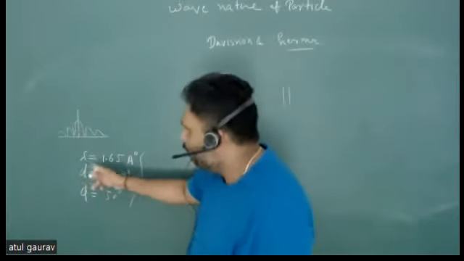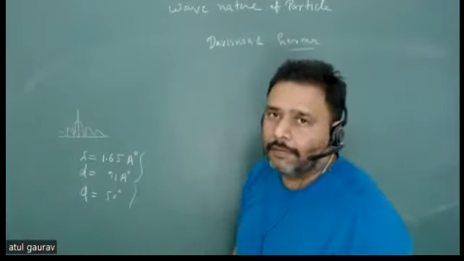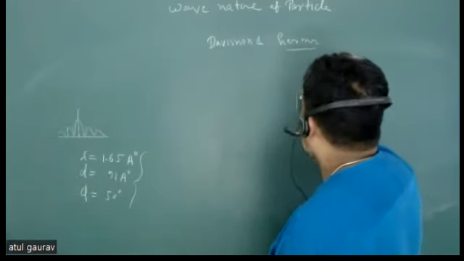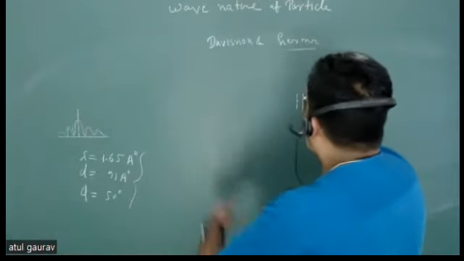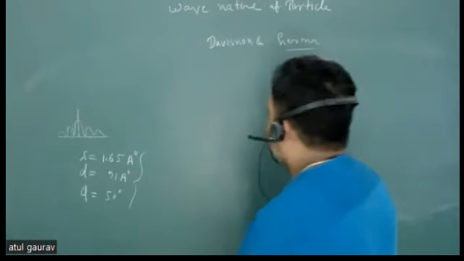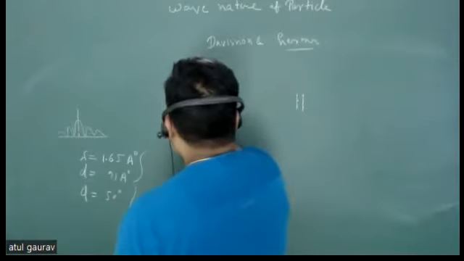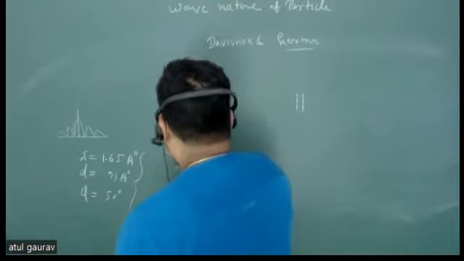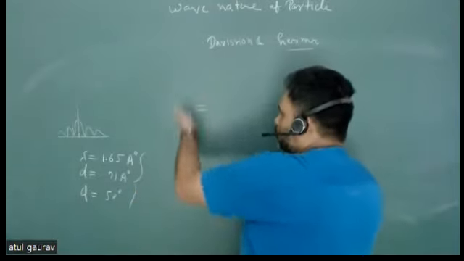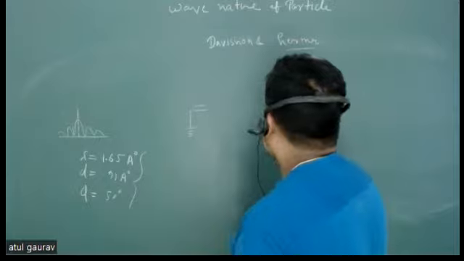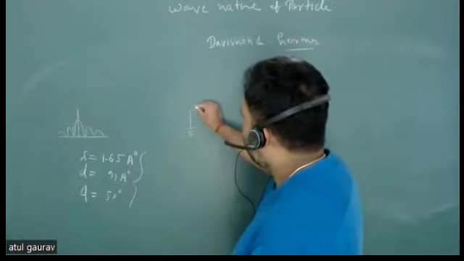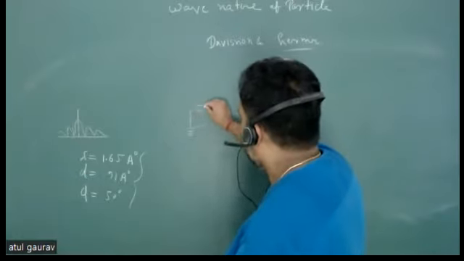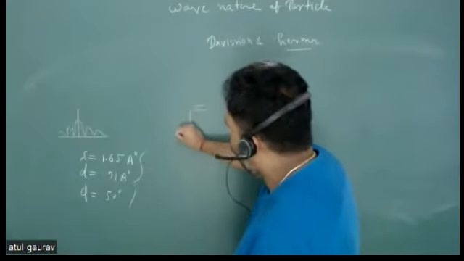So we know what is the value of d, isn't it? If I know this is my nickel crystal, and I know the value of d, don't worry about this. And there is an electron gun, and this electron gun can be accelerated with the help of potential.